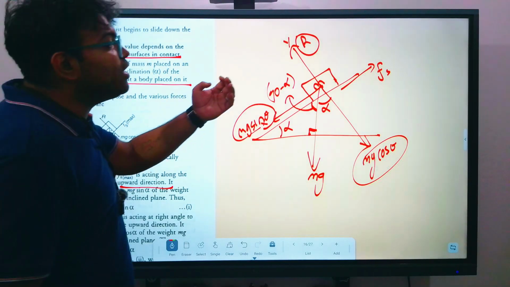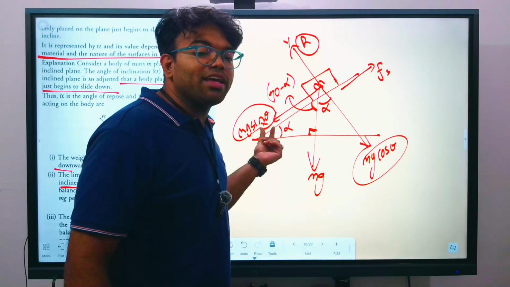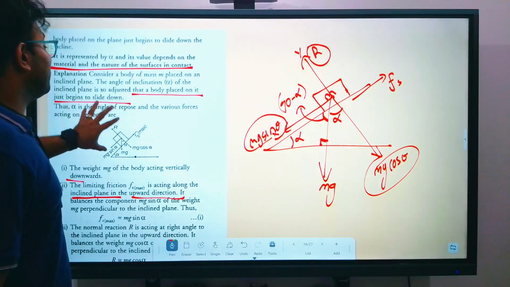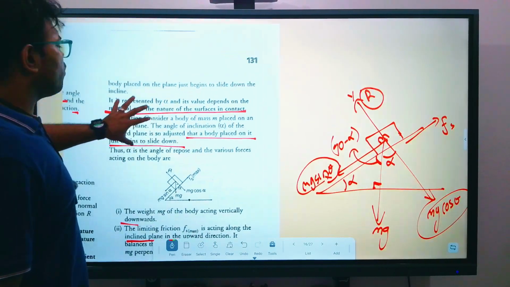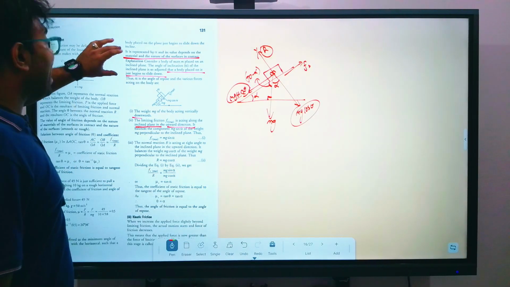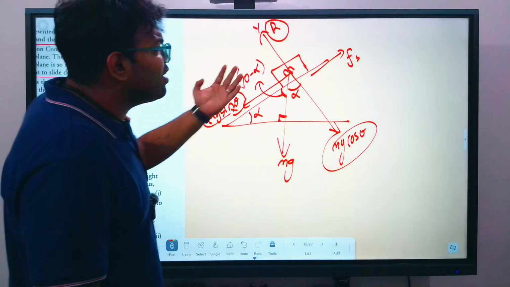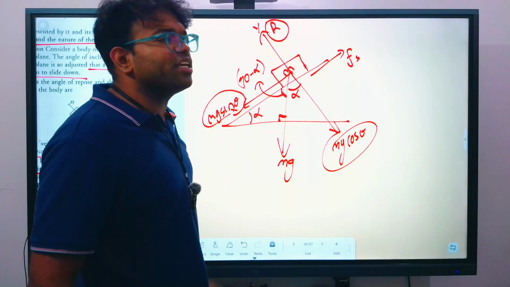Now, when the object just starts to move, alpha is the angle of repose. Yeah, the angle of repose. Now at this angle the object is just starting to move.